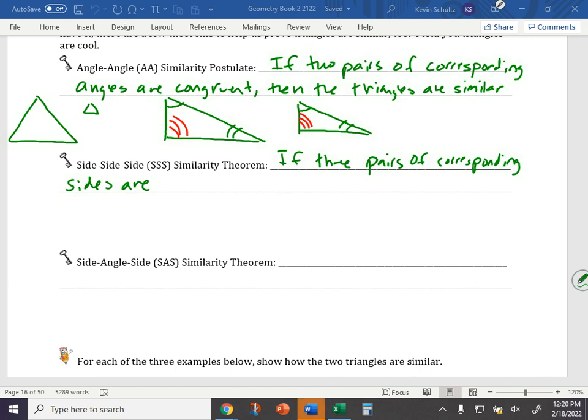In similarity, if the three pairs of corresponding sides are proportional, then the triangles are similar. Okay? So it's an important distinction for side. Are we talking about congruency or similarity? If three pairs of corresponding sides are proportional, the triangles are similar.